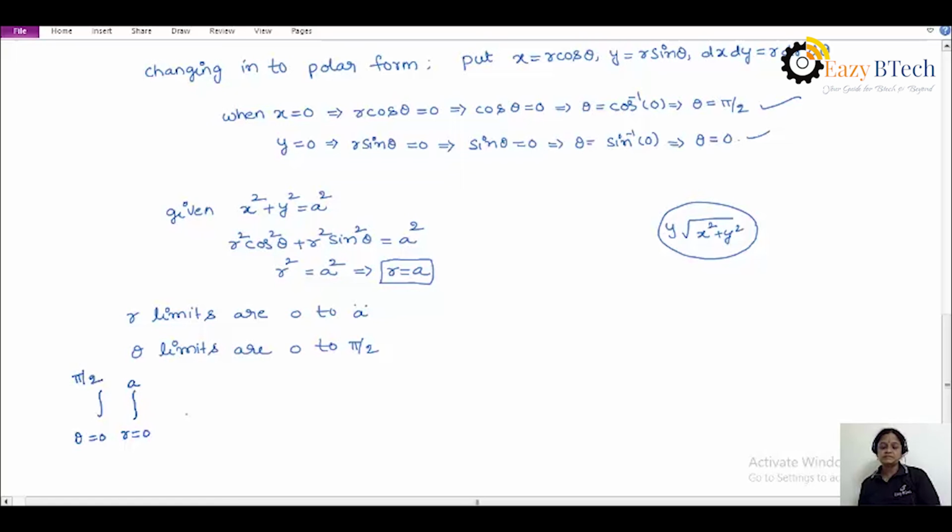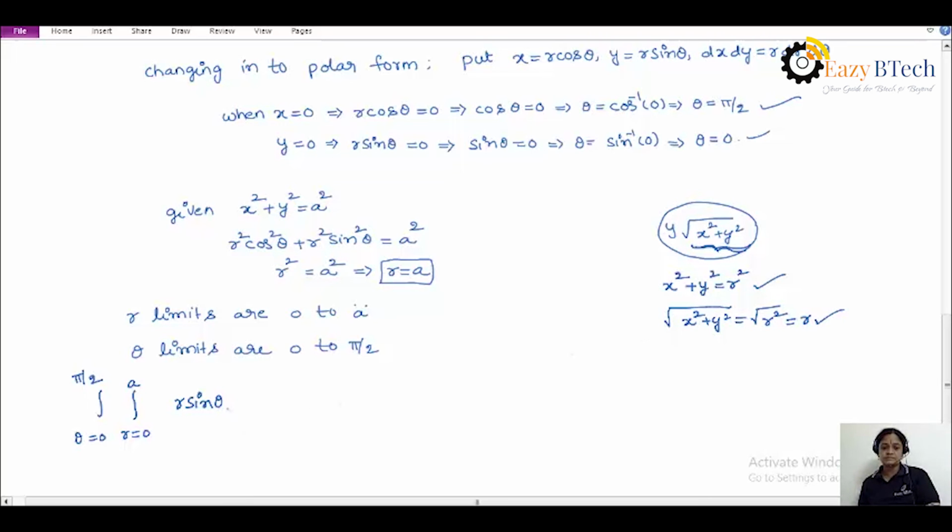The first function is y, and the y value is r sin theta. And again, root of x square plus y square is there. Then x square plus y square is equal to r square in general, so the root of r square is r only.